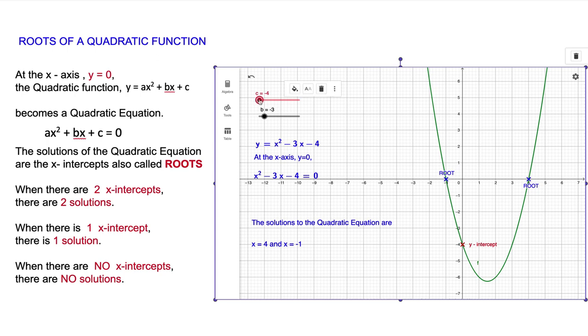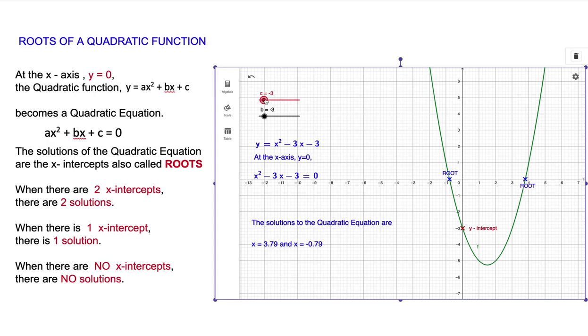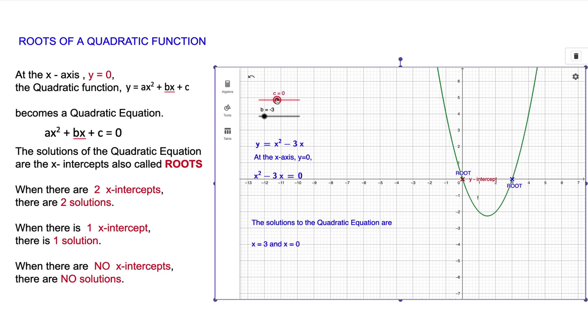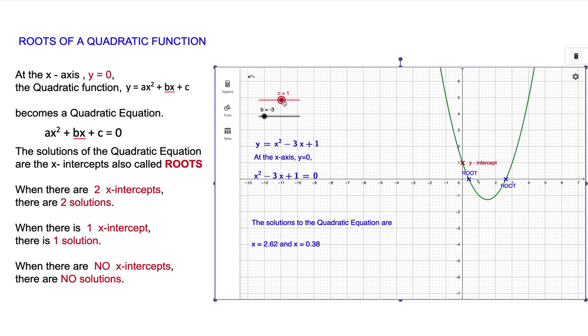Let us now move to a new equation. And here we see that again we have two solutions. In this case here, the curve cuts at only one point.